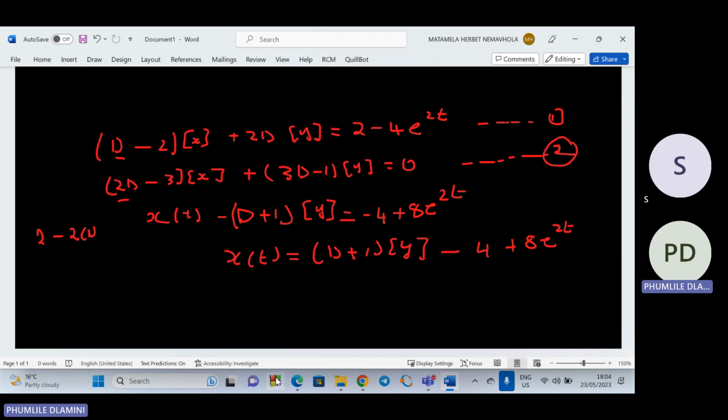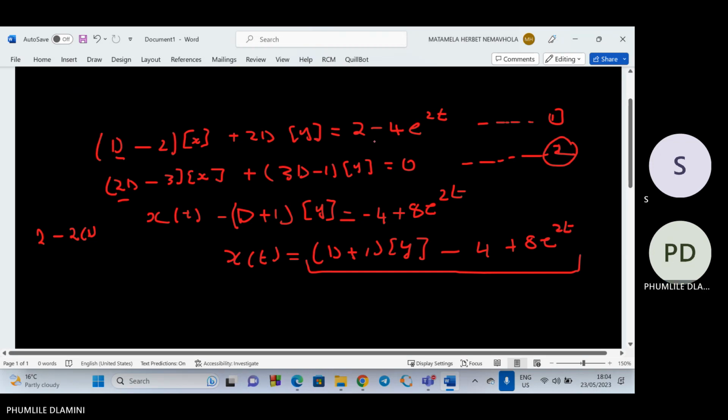You will see that now we have this x of t. We can substitute x of t in equation 1. When we substitute x of t, we are going to substitute everything the same way we did the first time. Our equation 1 is this one here.